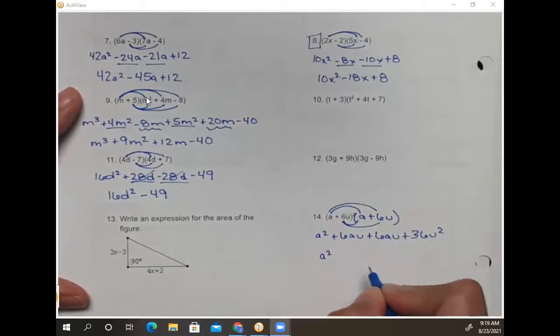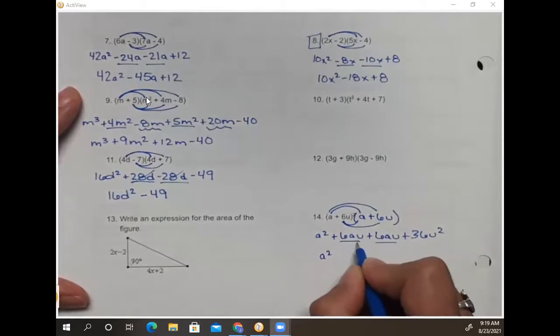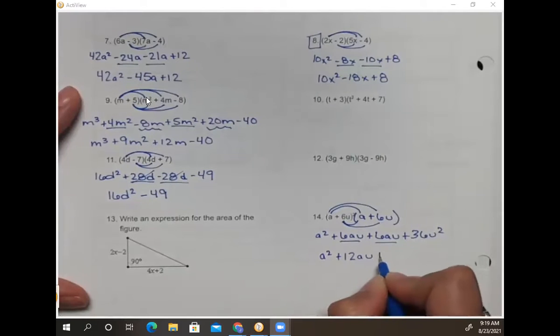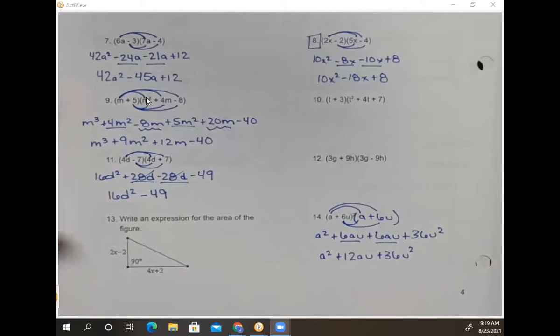So this would be a squared. Combine my like terms here. 6au plus 6au would be 12au plus 36u squared. Questions for me on multiplying polynomials or distributions?